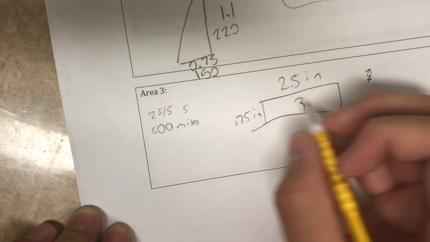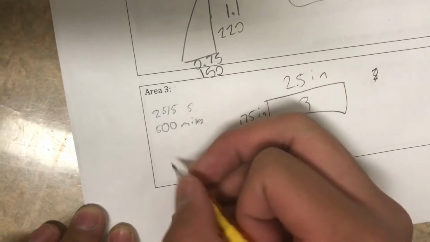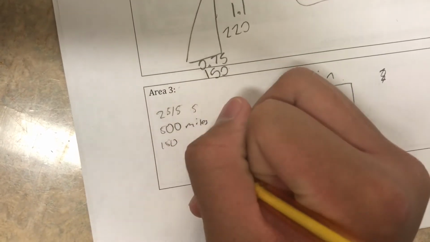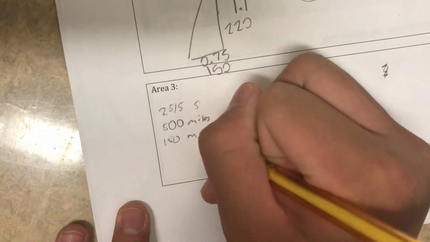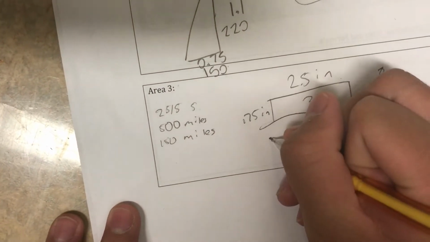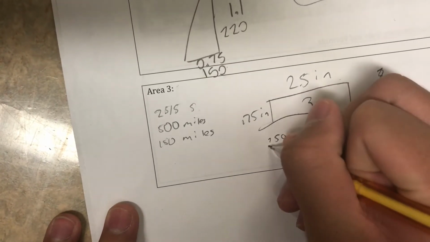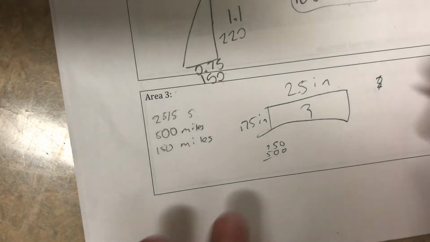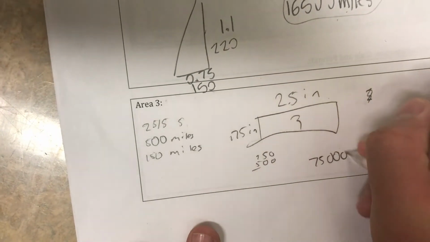For our height, we also divide that by 0.5, and we multiply it by 100. So we end up with 150 miles. Now we multiply these two together to find our area, and we get 75,000 miles squared.